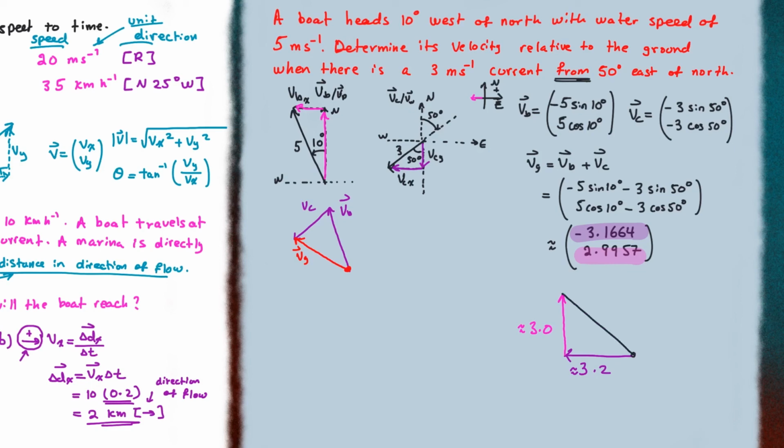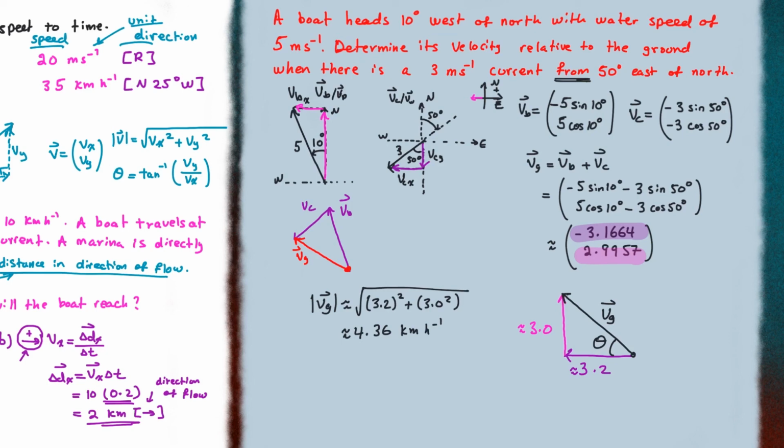Our resultant vector originates from the tail of the first to the head of the last, and the angle in between is shown. To find the magnitude, we will use the Pythagorean theorem, so it's the root of the x component squared plus the y component squared, to give us approximately 4.36 kilometers per hour.